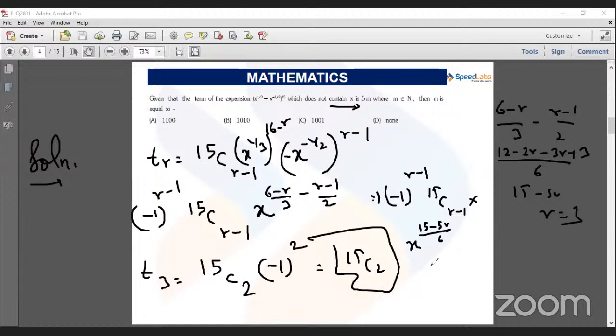So 15C2 would be 15 into 14 by 2, that is 15 into 7. It is 5m, so it is 5 into 3 into 7, 5 into 21. M is 21. Okay.